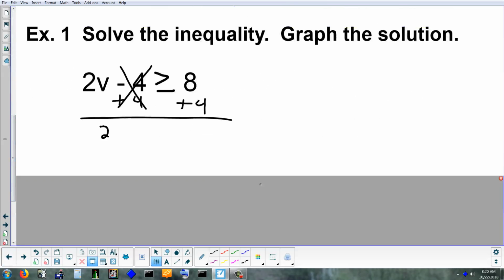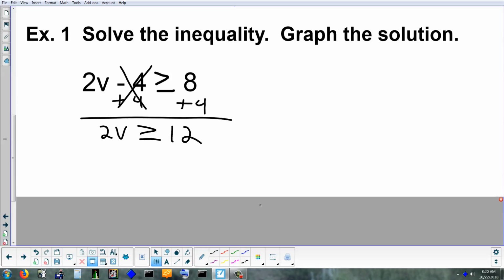We didn't do anything with that yet. So 2v. And then what about my sign? Should I flip it? No. All I did was add on both sides. You never flip it when you add. And then 8 plus 4 gives me 12. Nice. All right, so I'm done with adding and subtracting.